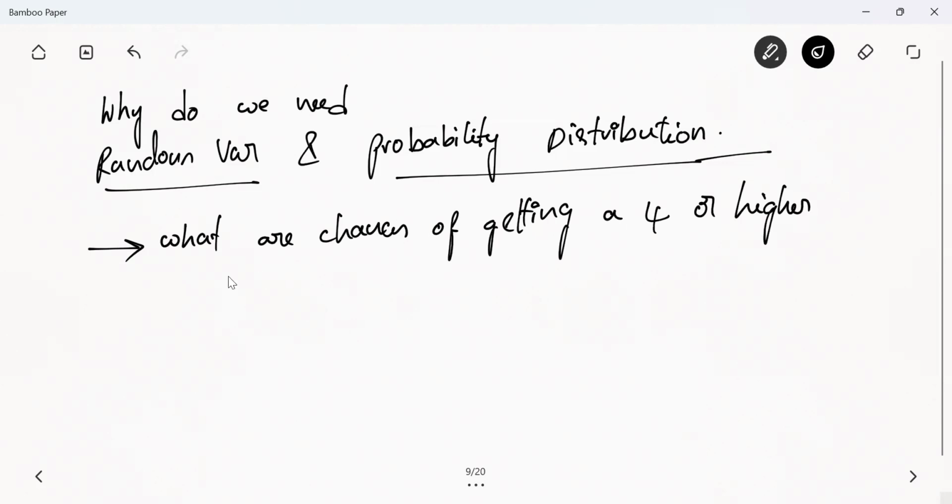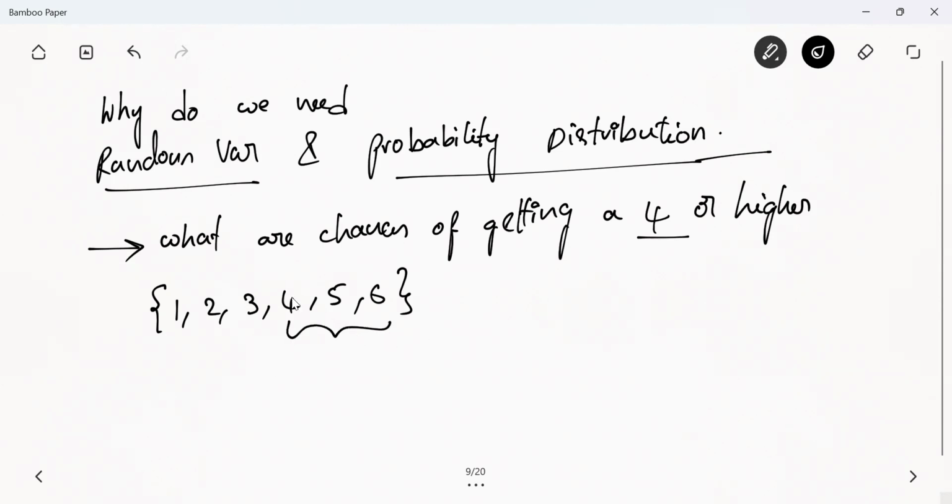To answer this question, first of all, I'll note down all the possible outcomes. That is 1, 2, 3, 4, 5, and 6. Out of these, just concentrate on the question. That is, he just wants to understand what are the chances of getting a number that is 4 or higher. So when I say 4 or higher, it would be these three: 4, 5, 6.